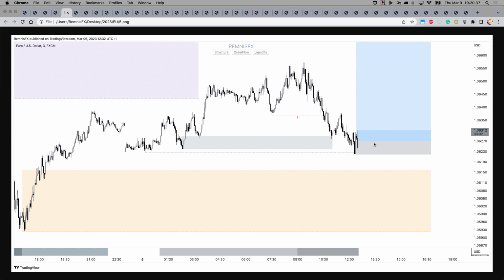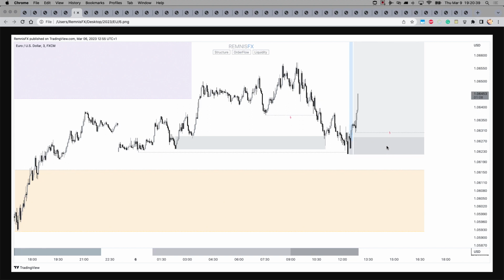So at this point, the second position did get triggered, and after I looked back a while later, I noticed another, because now this one was mitigated, this one is unmitigated, right? So I also noticed this inducement here, right?